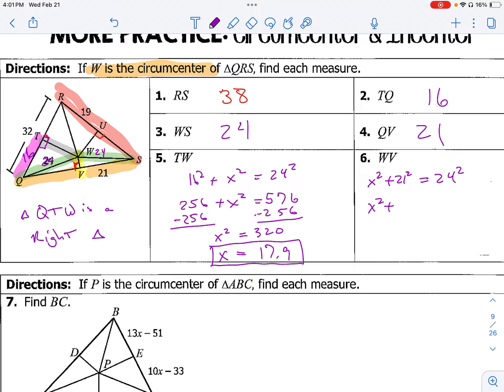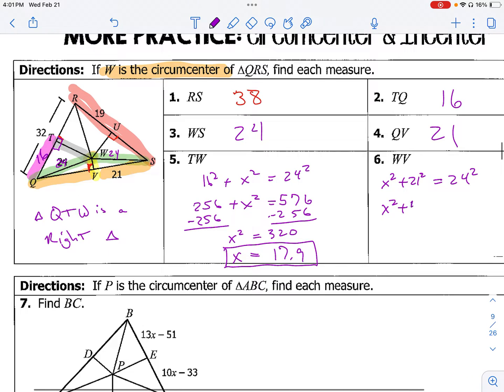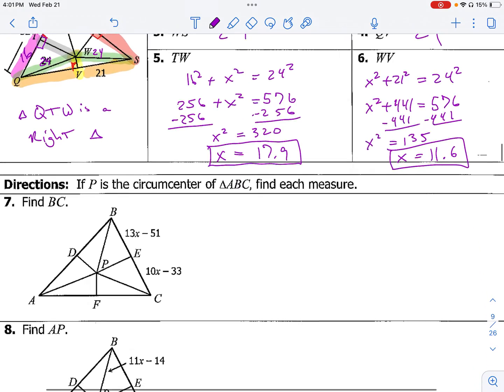So x squared plus 21 squared, which is 441. 24 squared is still 576. Subtract that from both sides, we get x squared equals 135. Put that in our calculator, so x equals 11.6. And we are done with that.